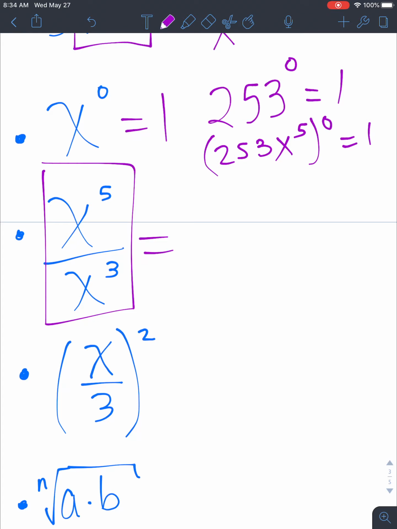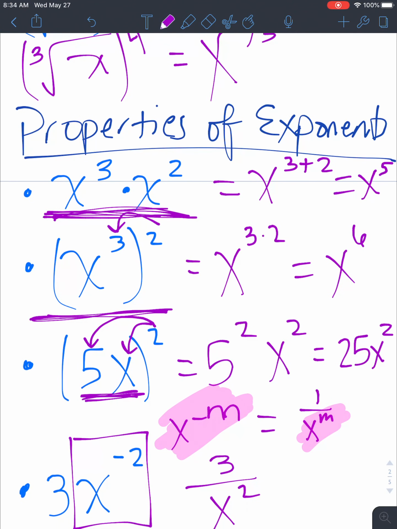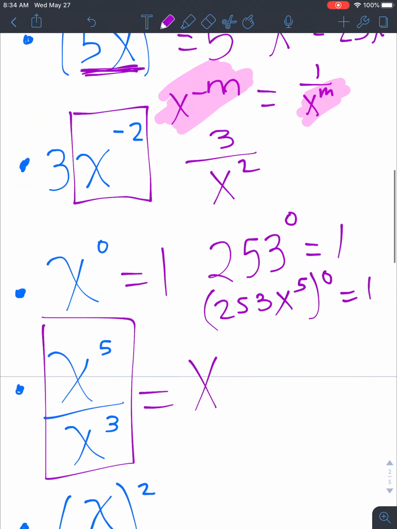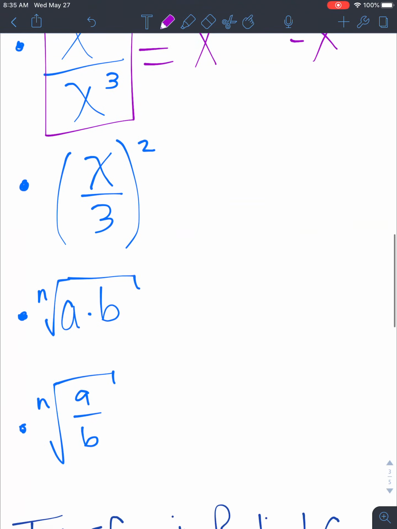So instead, the easier way to do it is just like earlier, right? When we had things that were multiplied together, we added the exponents. When we have things that are divided, we subtract the exponents. So we're left with x to the 5 minus 3, or x squared. And that's the same answer you'd get by canceling out. All right?